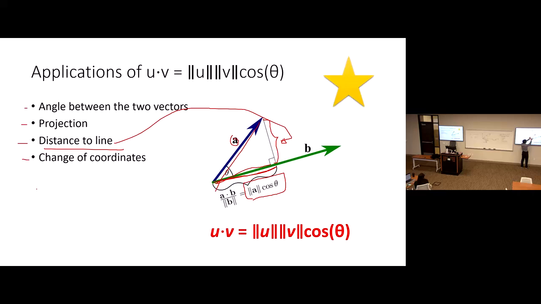So for this newly given coordinate system, what are the coordinates for A? So you have to project A onto B to get this one. You have to project this onto a new y-axis. So you have to do 2 projections in order to compute the new coordinates for A if you use B as your x-axis.